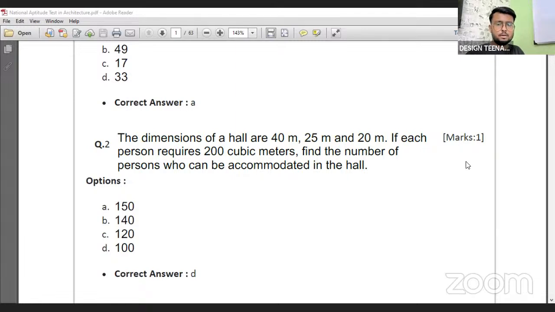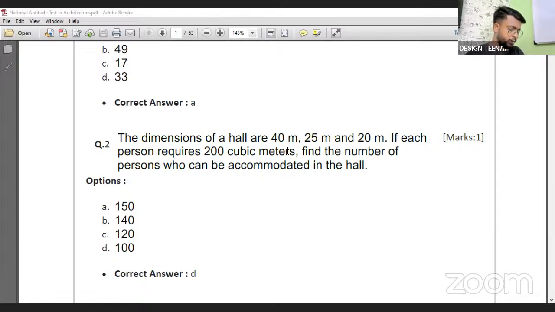Okay, after that, you have length, breadth, height. You find out the volume. Over here, 200 cubic meters is the volume a person requires. Just divide the total space by the space required by one person. It's as simple as that.